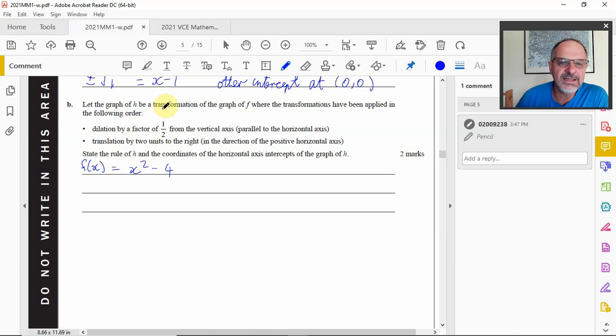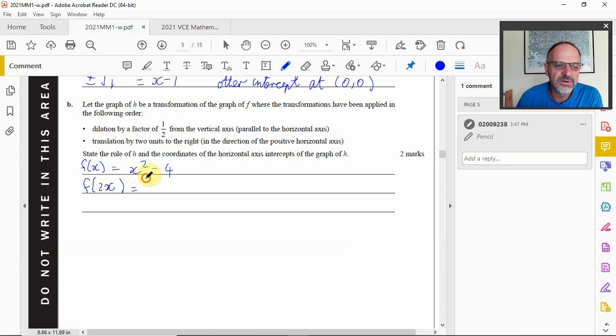So if you've got a dilation from the vertical axis, that changes the x value. So the dilation is in front of the x here. All right, so it's f of 2x. Even though it's a half, it's normally x over the dilation factor. So x over a half is the same as 2x.